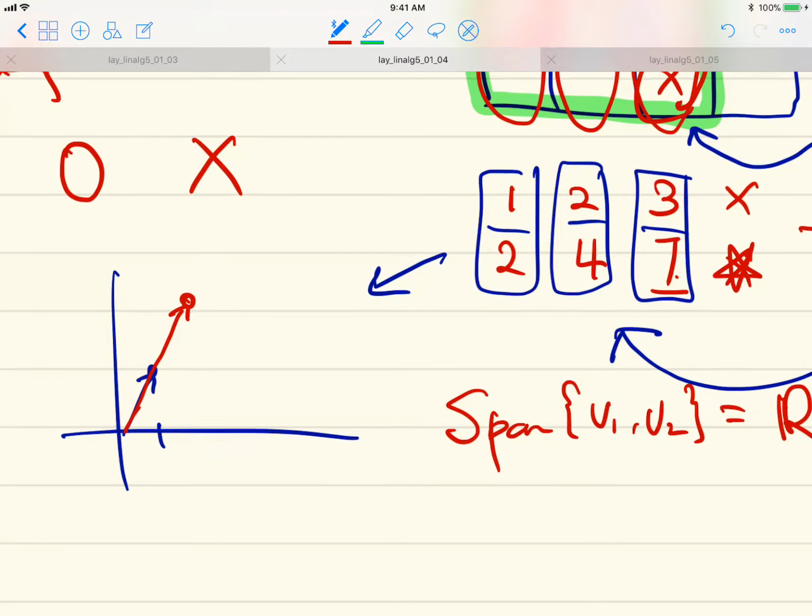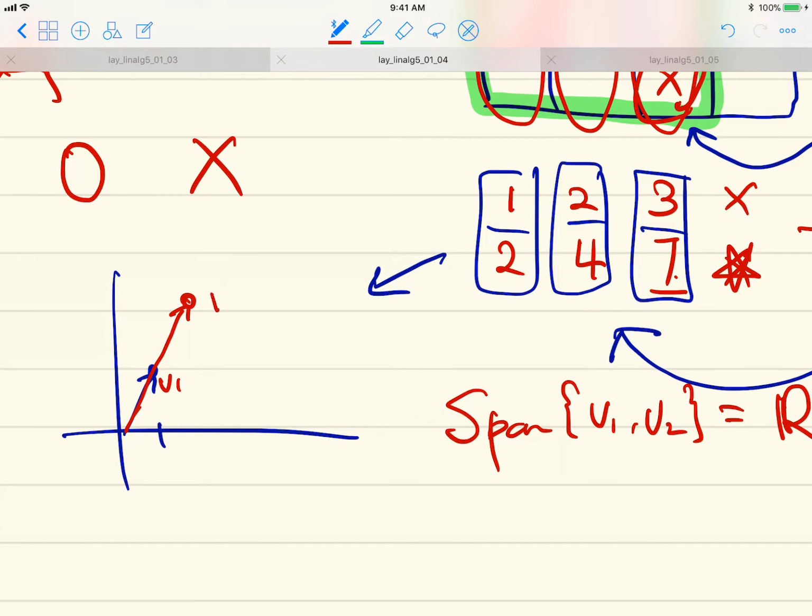It is not true, because let's just try to form a parallelogram by using these two vectors, v1 and v2, but they actually have the same direction. Maybe v1 times 1 and v2 times 1. In this case, adding this vector and this vector together, we will just obtain this vector.